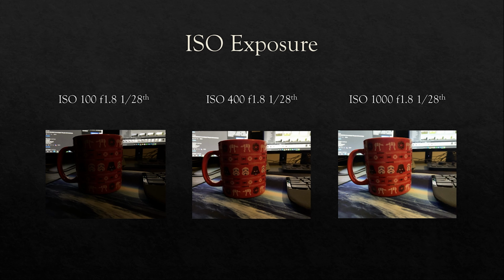But let's say you're doing portrait photography at dusk. Okay, you don't have a flash. You haven't quite got into flash photography for portraits yet, or off-camera flash. So you're going to have to use your shutter speed, your ISO, and your f-stop or your aperture to get a proper exposure.